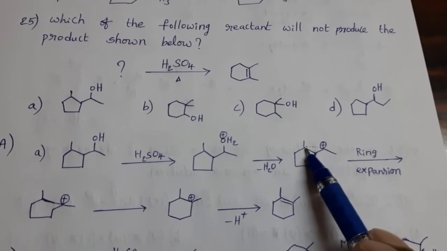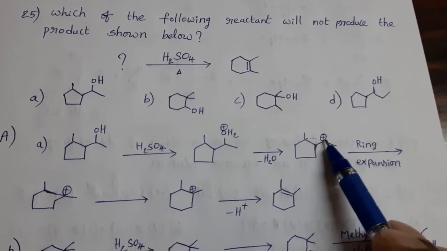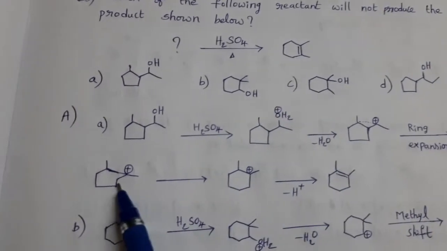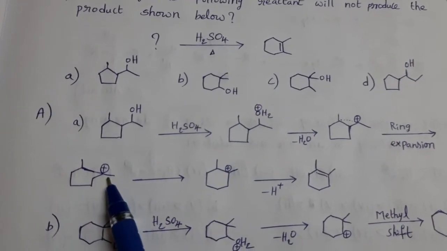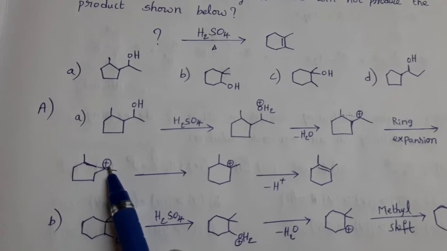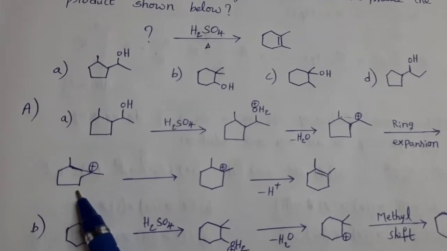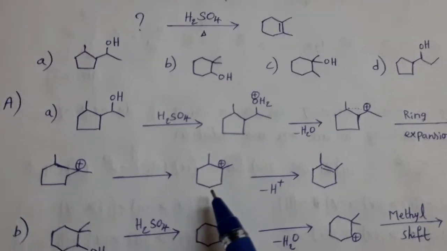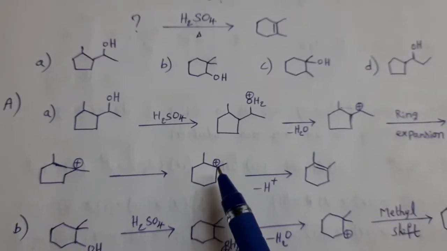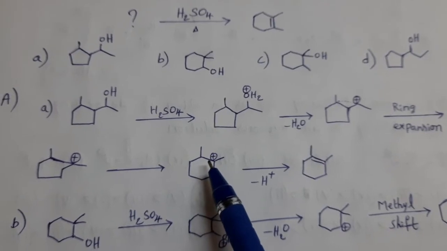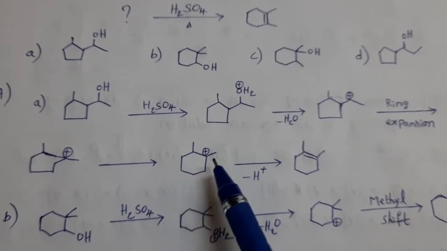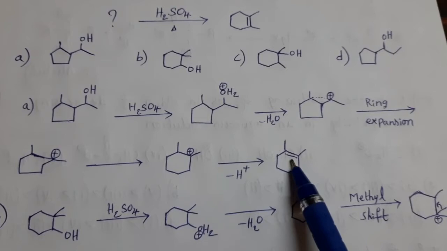So these bonding electrons are shifted to this. In this way, ring expansion takes place. This positive charge is shifted. Then this ring becomes cyclic structure. In this manner, from this H plus ion is removed by losing electrons. Then double bond formation takes place.